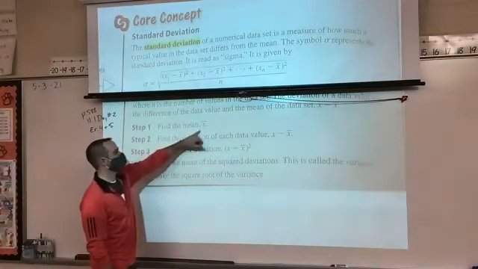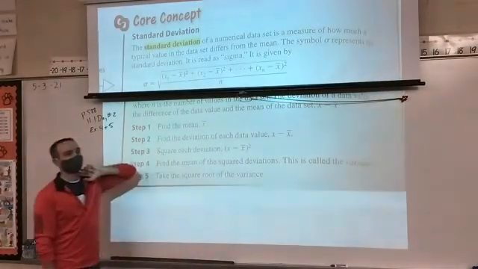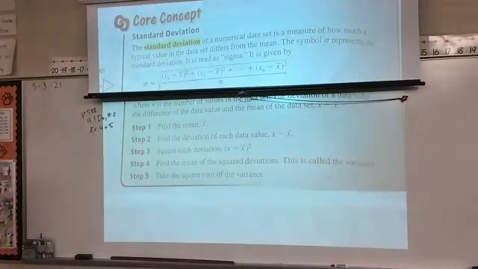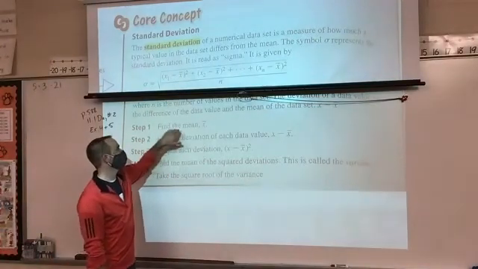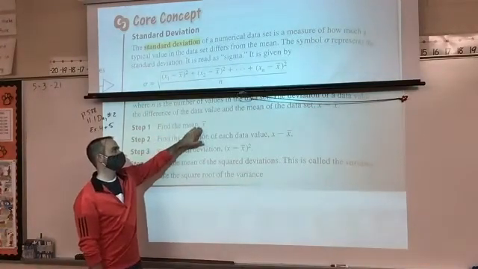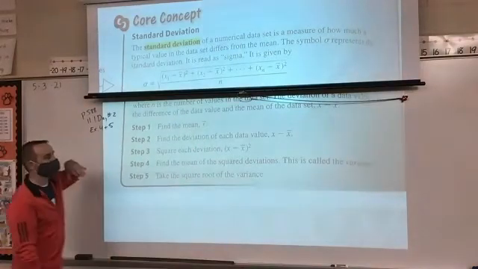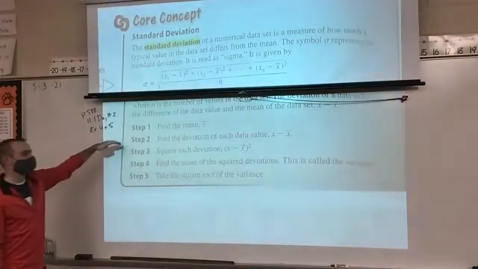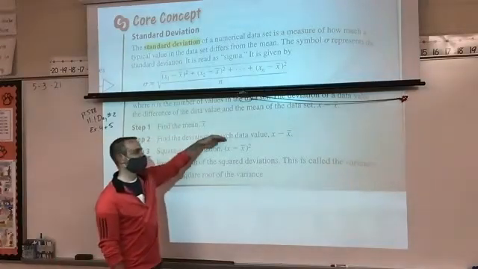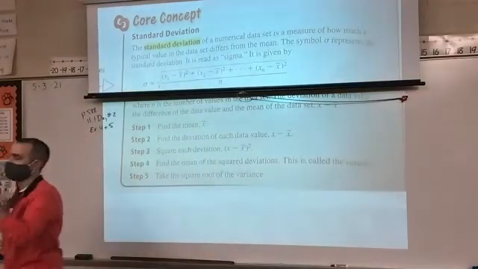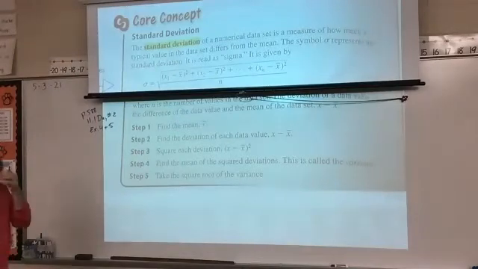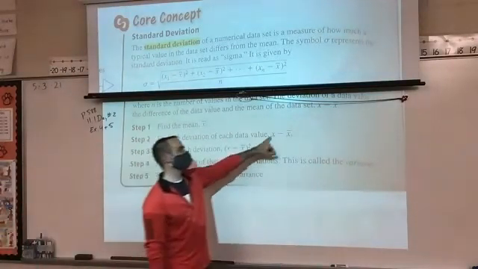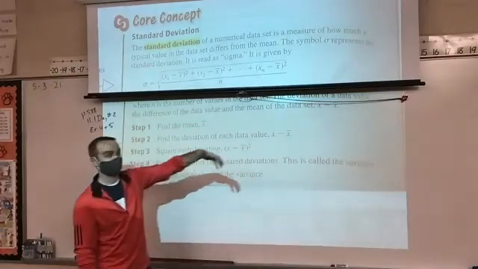First of all, the x with a bar over it, if you remember or recall seeing that, that represents the mean, okay, which is what we call the average, right? So we're going to find the mean, which is represented by that x bar. Then we're going to find the deviation of each data value. That's how far away each data point is from the mean. So we're subtracting the data point from the mean, or the mean from the data point.